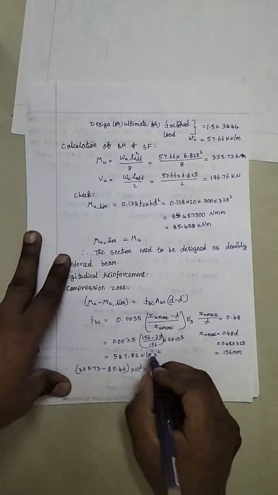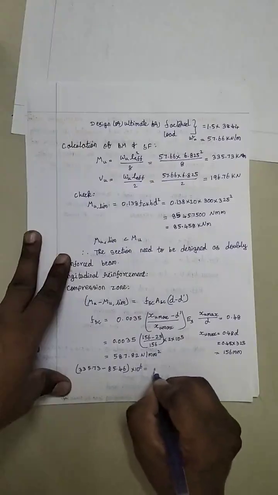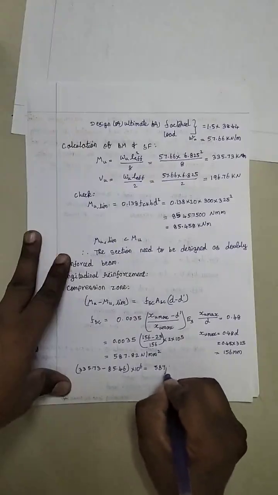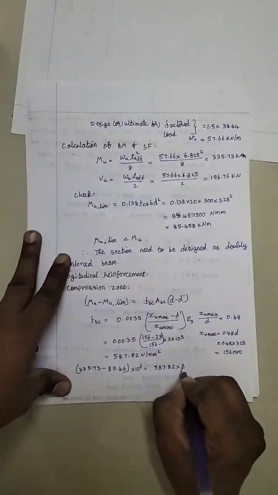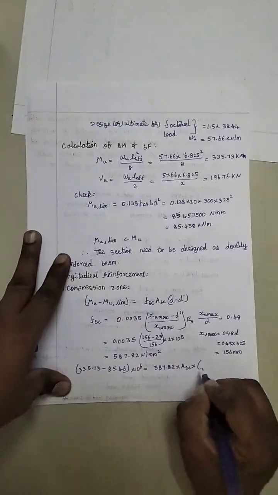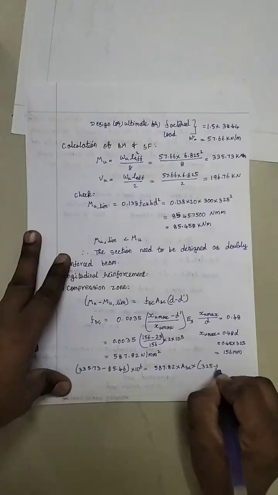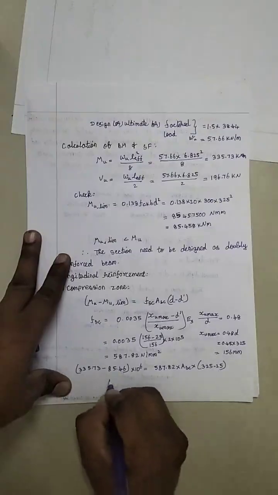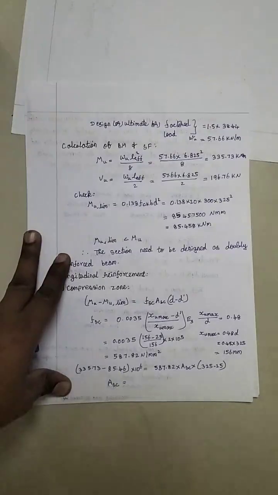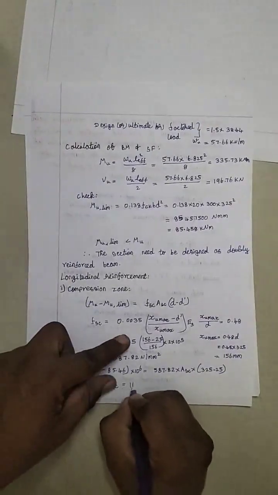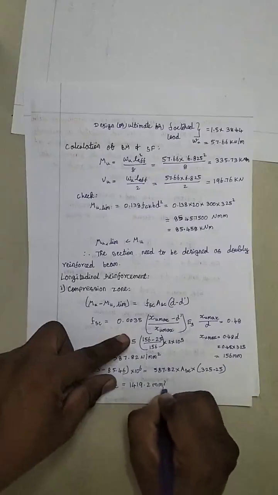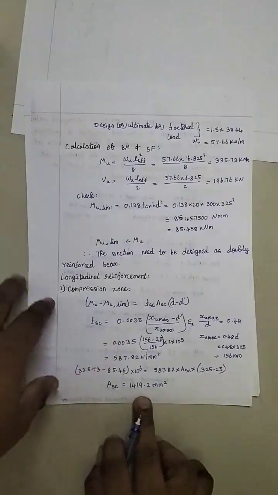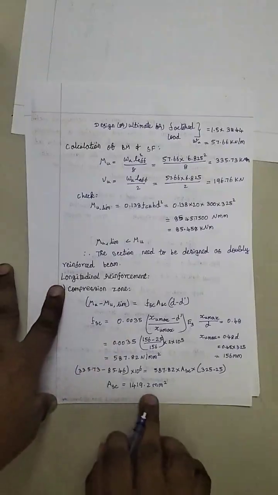Here FSC is in terms of Newton per mm square, so we can directly take it as 587.82 into ASC into (D is 325 minus D dash is 25 mm). So the ASC value which we are getting is 1419.2 mm square. This is our area of reinforcement which needs to be provided in the compression zone.